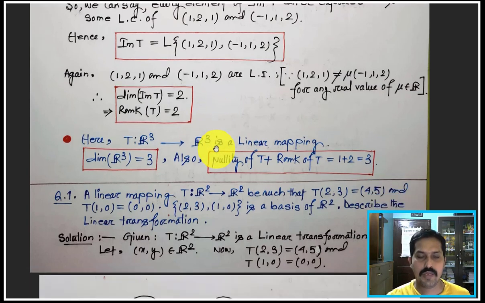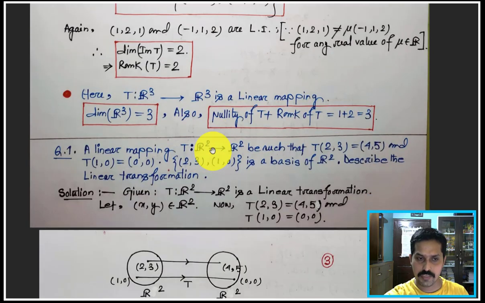Now, in my last video, I gave a few examples to verify whether a mapping is a linear mapping or not. In those examples, some functions or mappings were given.